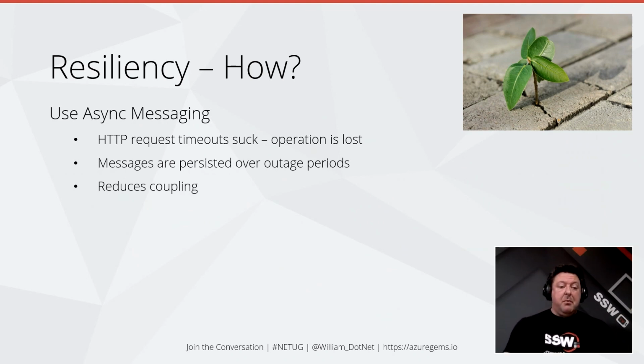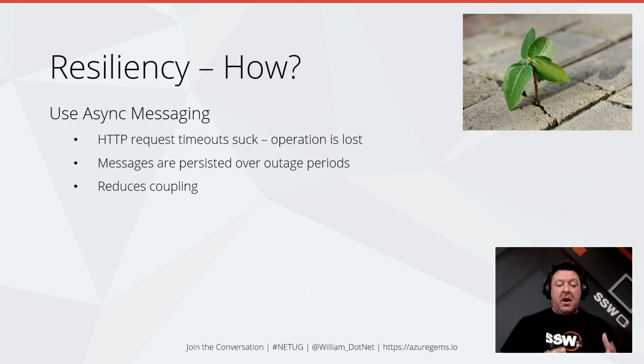And if your back end received it before writing it or processing it, and something crashes it, for whatever reason, well, it's lost as well. So it's not great. And the good thing is, though, by using asynchronous messaging systems like Service Bus or the other ones, those messages are persisted, and they can last for a long time, and they should be able to outlast those outage periods as well.